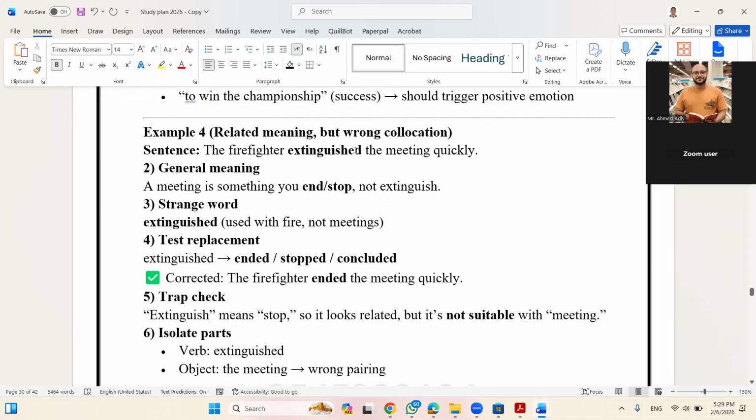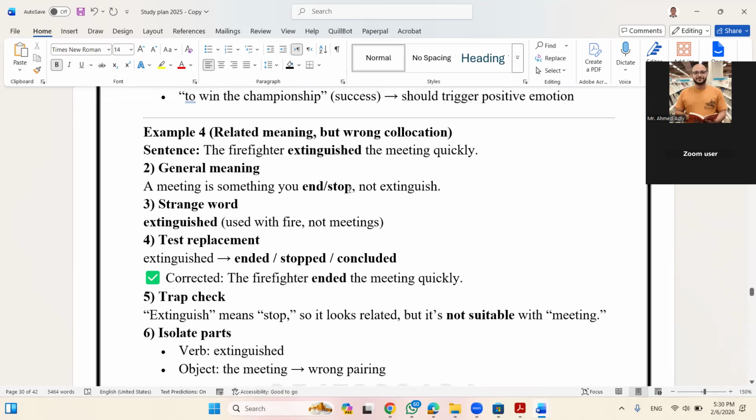Extinguished, because this verb is used mainly with fire. But what makes this example a little bit confusing and tricky is that the word extinguished is used all the time with firefighters. But here it does not help the meaning. So I can say the firefighter ended the meeting quickly, stopped the meeting quickly, concluded the meeting quickly.